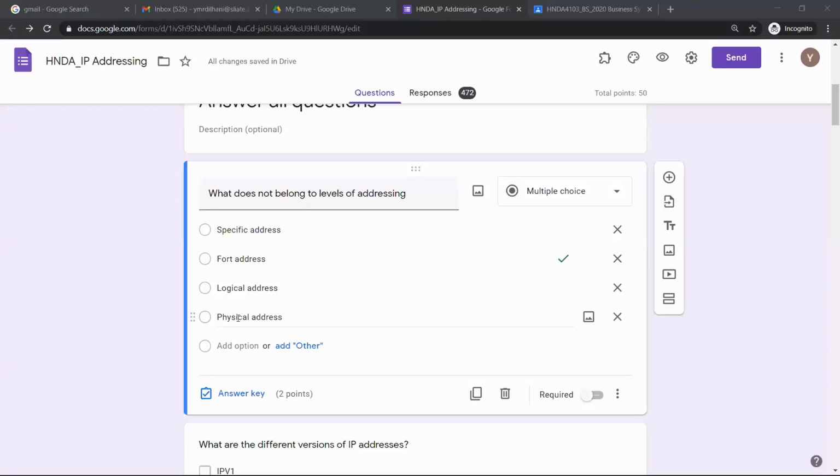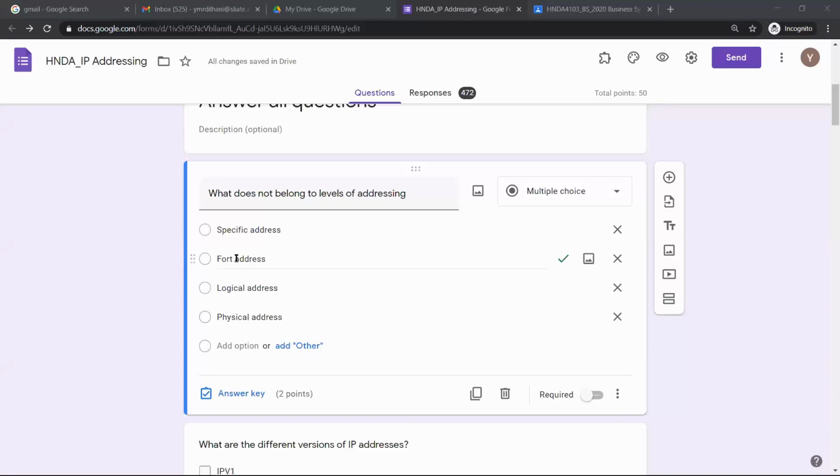I told you that there is something called MAC address, which is given by the manufacturer of that network interface card, and that MAC address is unique to each network interface card. So that is called physical address, and the logical address is what we call IP address. We can assign an IP address to a computer, and that is called logical address.